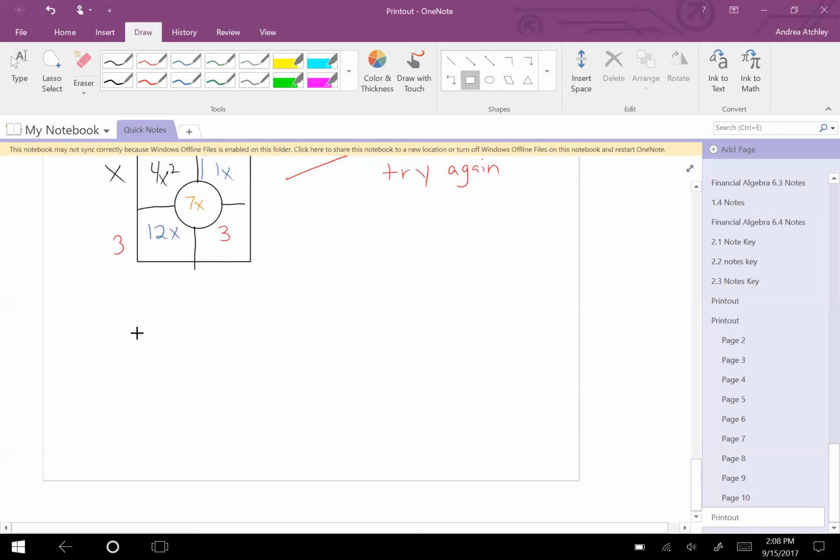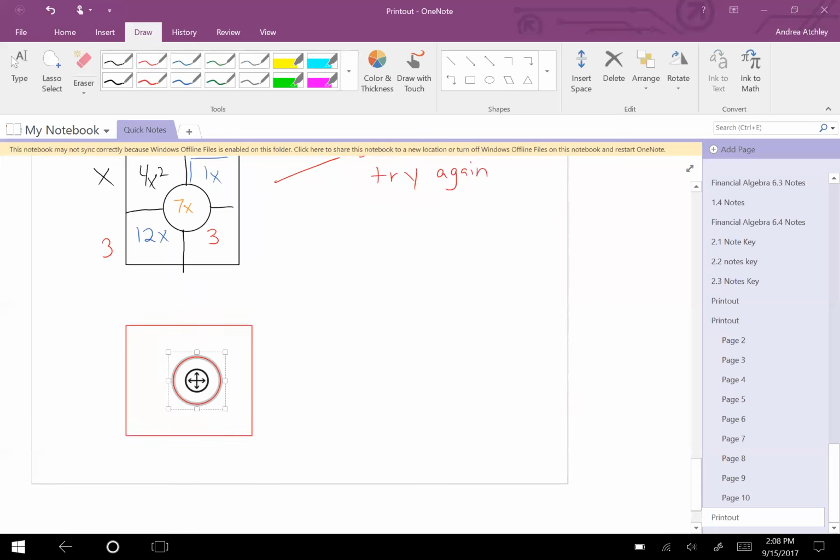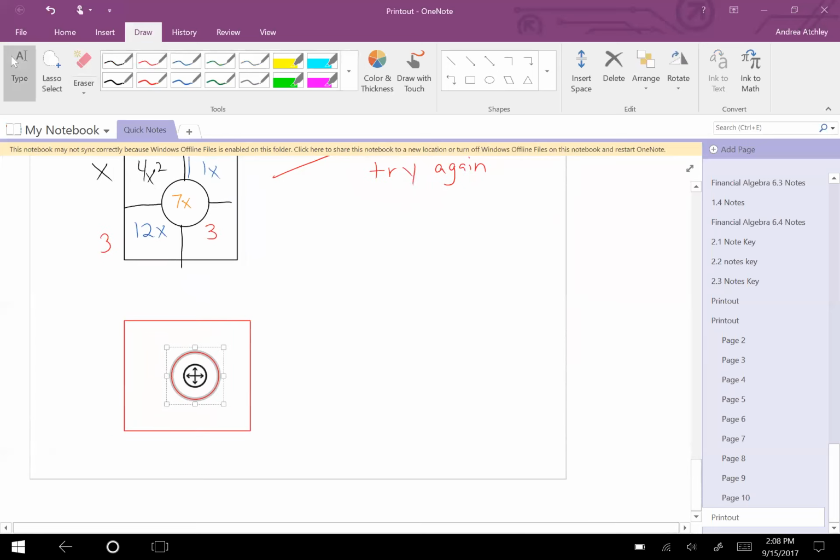It won't always be this much work. I'm trying to make this one harder than it really is to show you all the steps you can take. So we're gonna do it again.